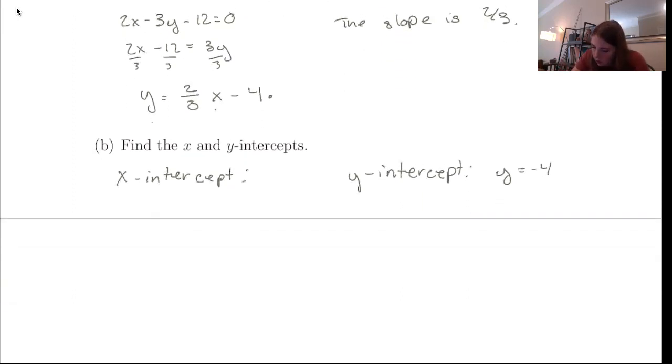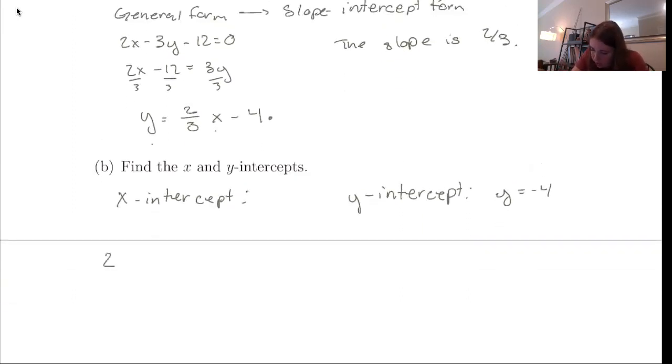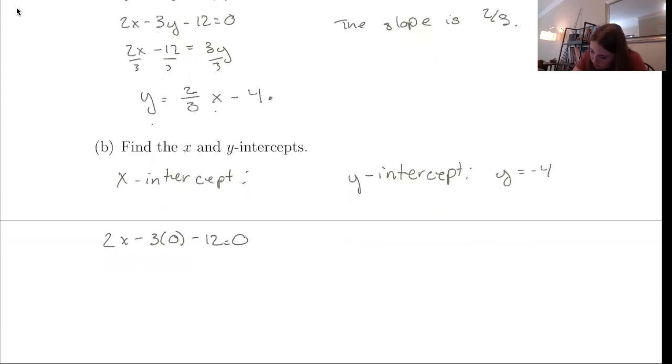So we're given 2x minus 3 times 0, setting y equal to 0, minus 12 equals 0. So then we have 2x minus 12 equal to 0, 2x equals 12, and x equals 6. And that is our x-intercept, right?